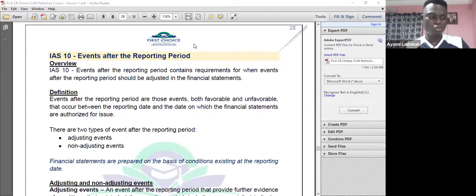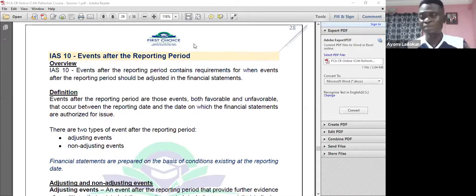When an entity prepares financial statements for a particular financial year, say January to December 2019, there will be a time when they are authorized for issue, so that they can be taken to the public, especially for a public limited liability company. Usually it takes 3 months after the reporting period, because the external auditor is going to work on it, and 3 months after, it is authorized for issue.